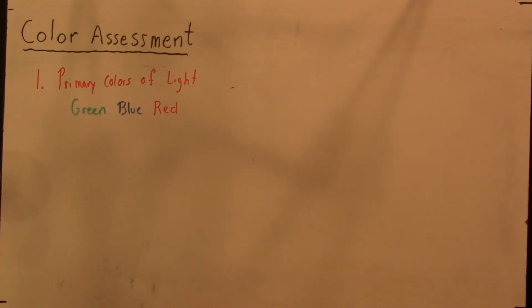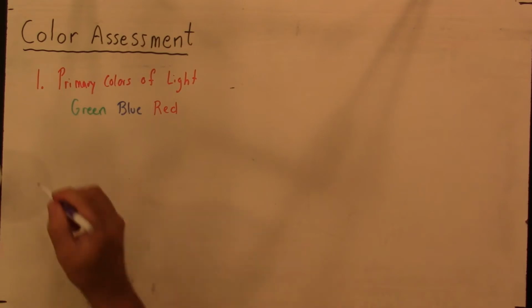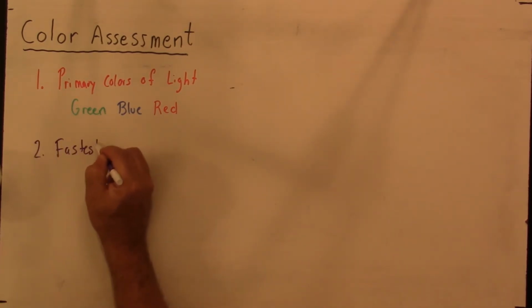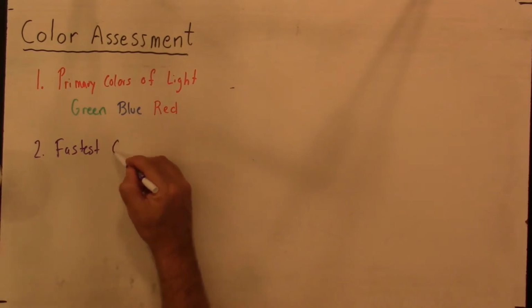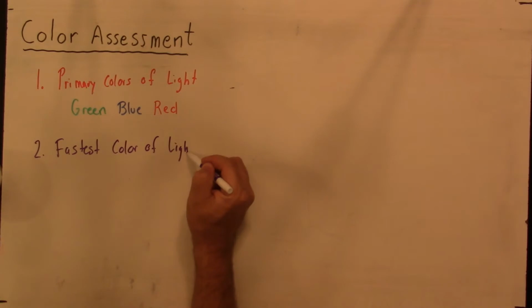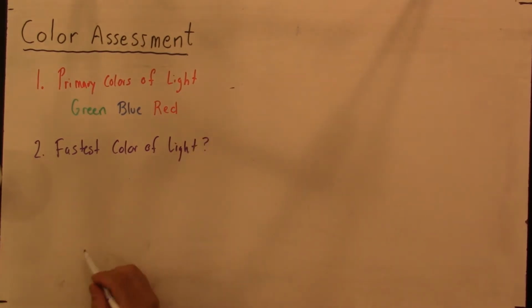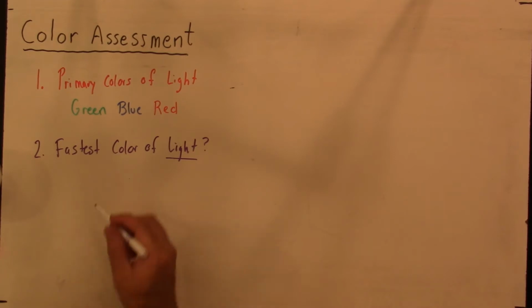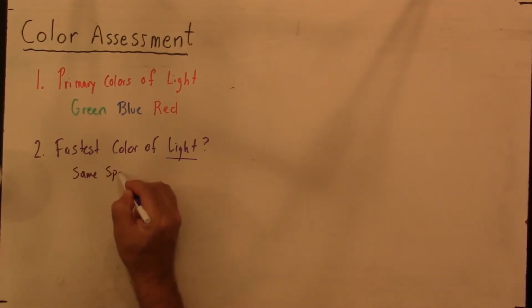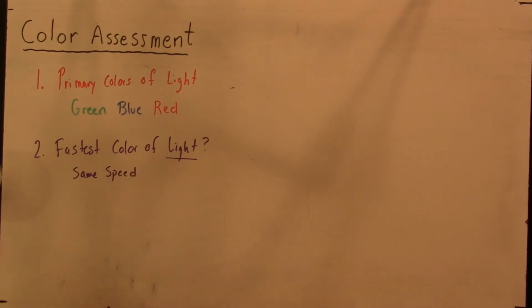Two says which color of light moves the fastest through air? That's a great question. So the fastest color of light is the question. Well, they're all colors of light, therefore they all move at the speed of light, so they all go the same speed.